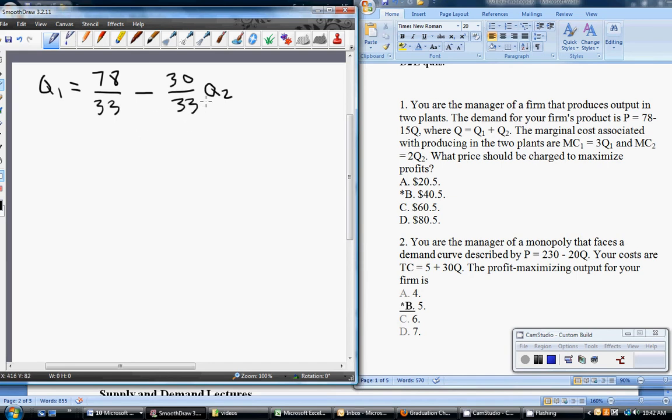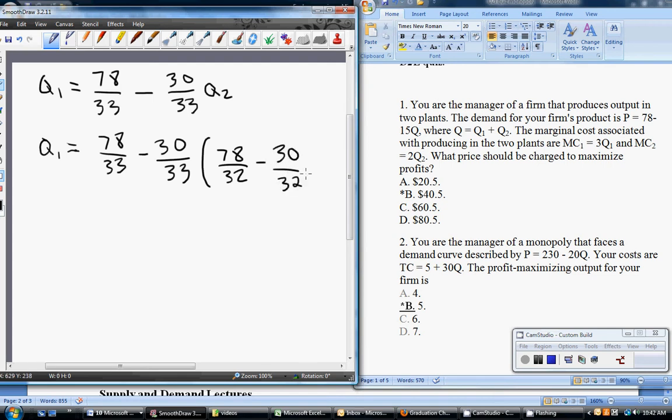All I'm going to do is plug the output from plant 2, that Q2 equation, into here, and we'll get the following. Again, this part in parentheses is coming from that Q subscript 2 equation, which equaled the stuff that's right here.